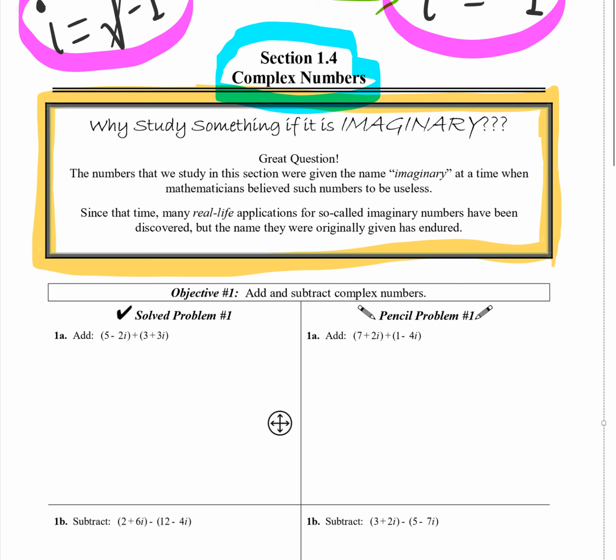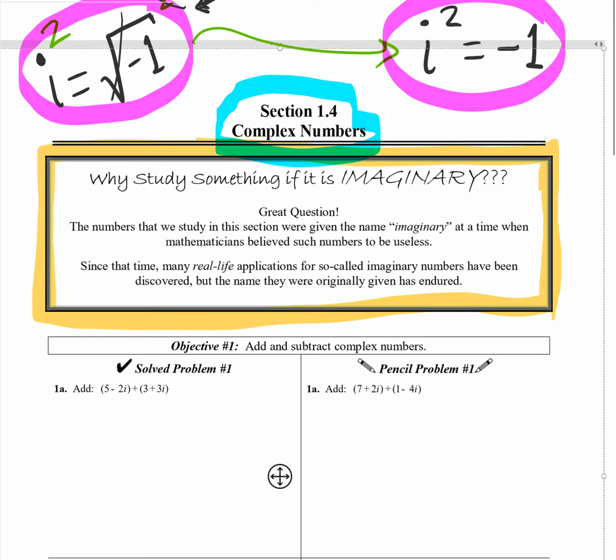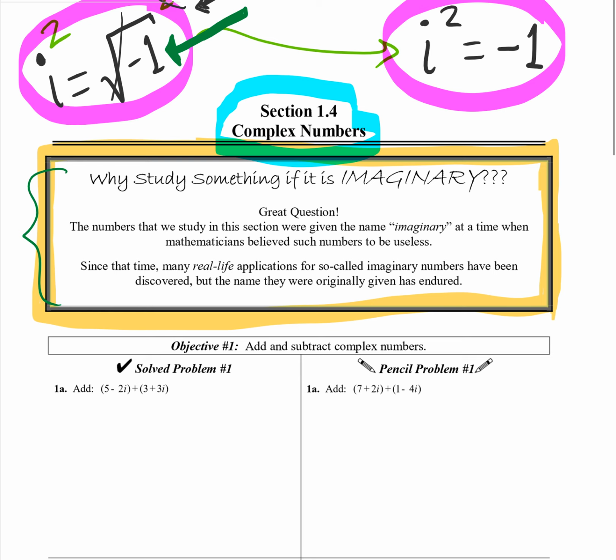It's just, i is not a real number. If you remember from previous classes, if you've studied square roots before, you can't put a negative number in a square root. It doesn't make sense. So this is a number that doesn't really exist, that we're aware of. But as it says in this little box here, why do we need to study something if it's imaginary?